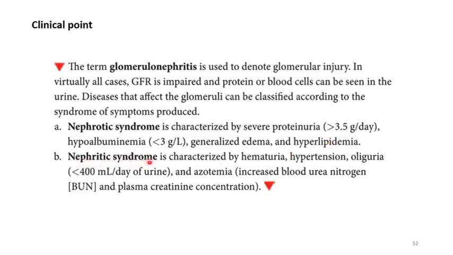But nephritic syndrome is characterized by hematuria, or appearance of blood cells in the urine, sometimes colored urine due to red blood cells in the urine, hypertension, oliguria or reduced urine formation, and also accumulation of waste materials such as blood urea nitrogen or urea and creatinine in the plasma and extracellular fluid, known as azotemia, or uremia.